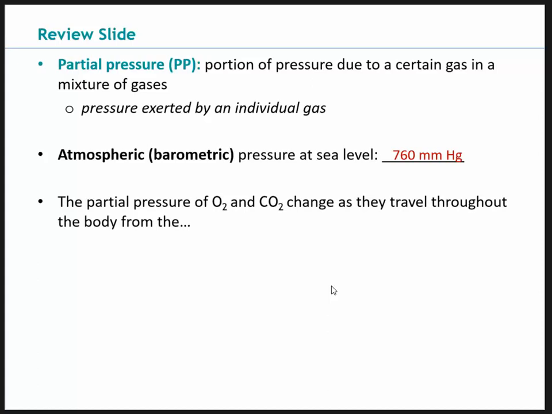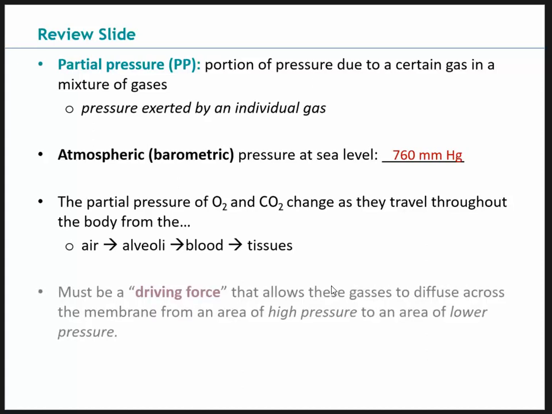Next, we're going to learn how the partial pressure of oxygen and CO2 changes as they travel throughout the body. We're going to start with the atmosphere, and then move to the alveoli in the lungs, and then to the blood surrounding the capillaries, and then to the blood delivered to the tissues.